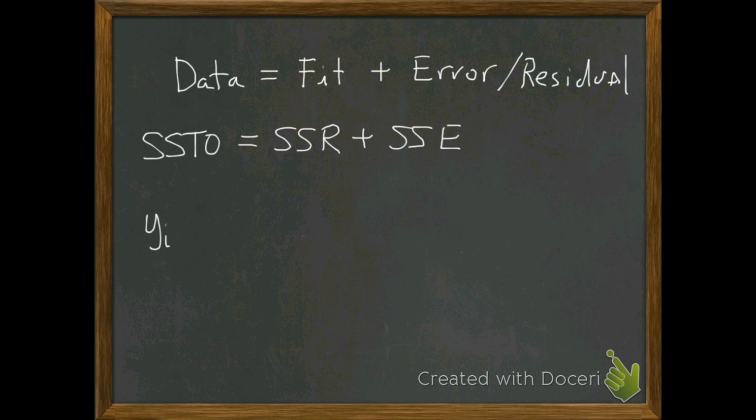So we can see that, partitioning this out, y sub i minus y bar can be expressed as y hat minus y bar plus y sub i minus y hat.